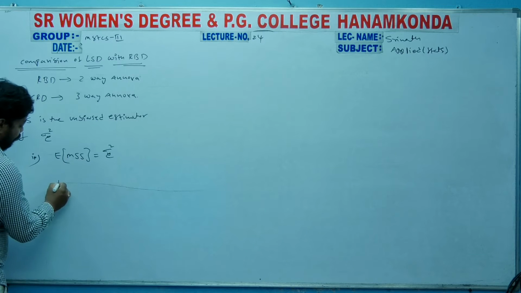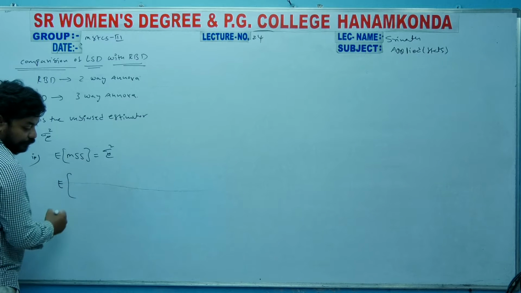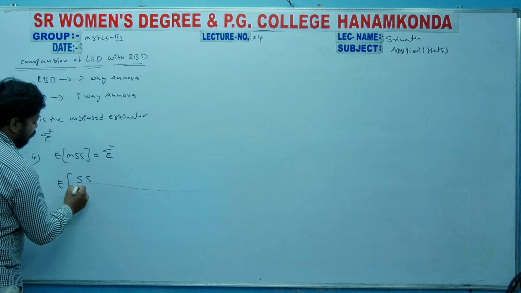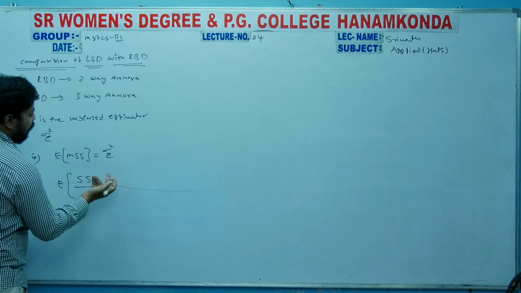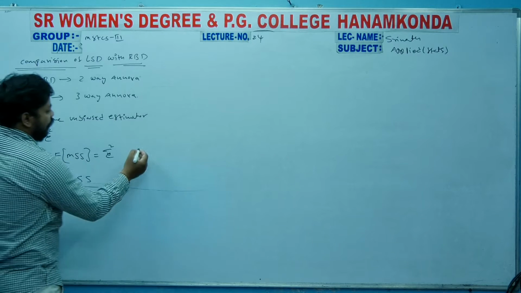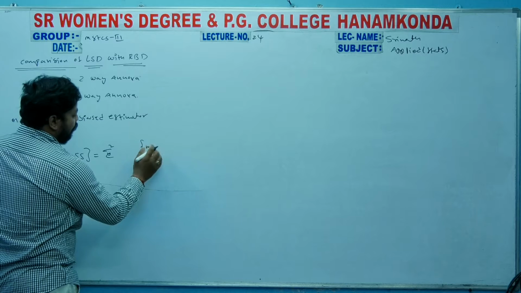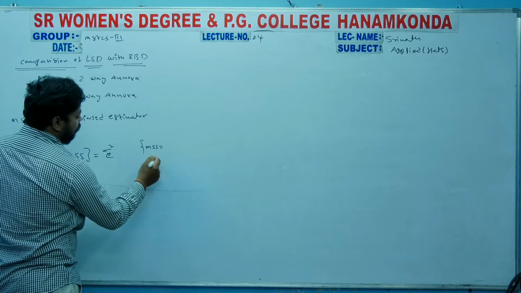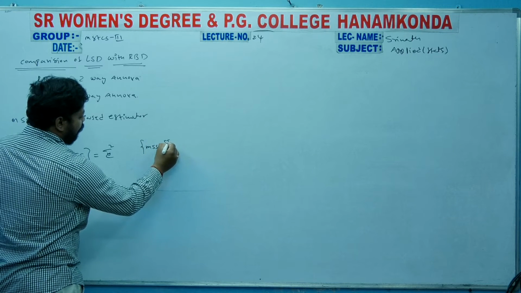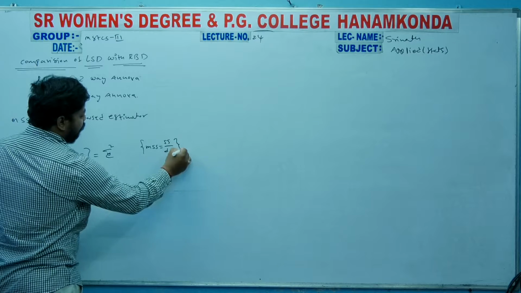And the expectation of sum of squares by mean sum of squares: we have a formula, mean sum of squares is equal to sum of squares by degrees of freedom.